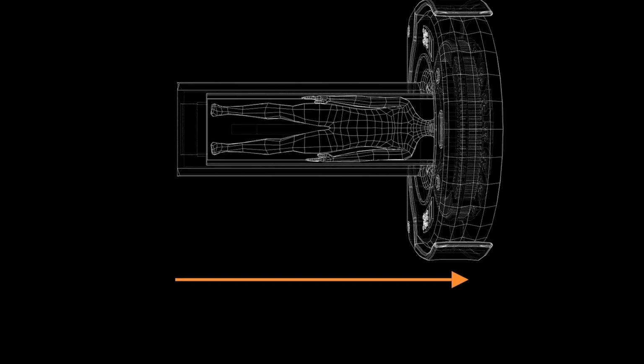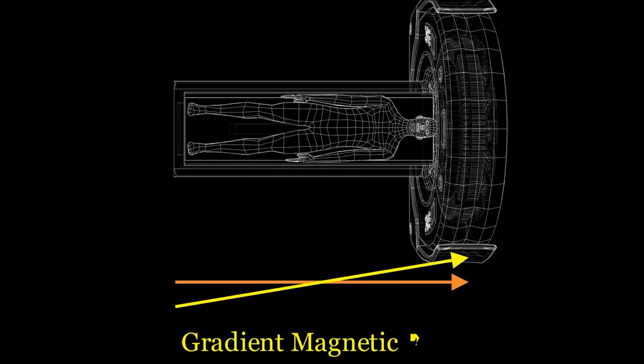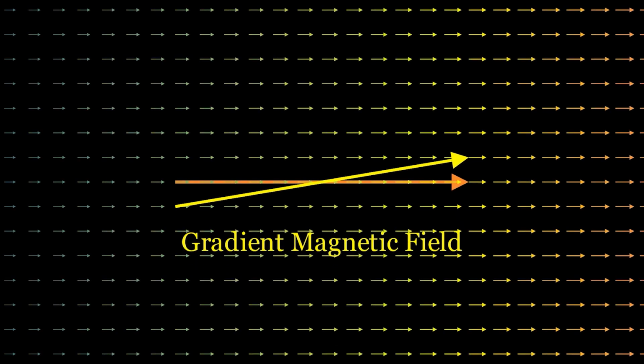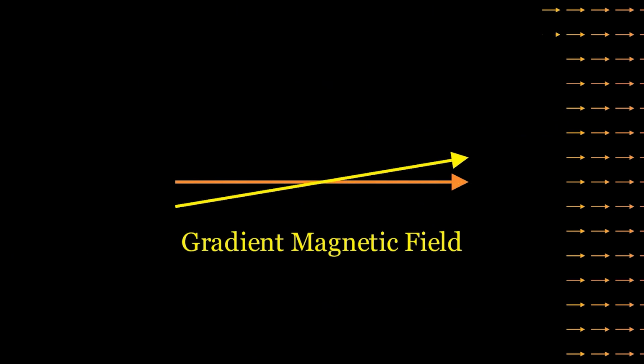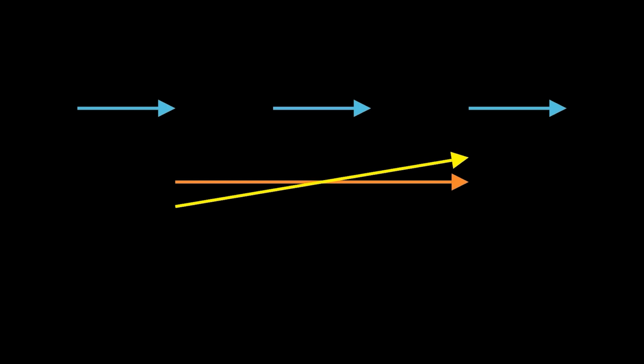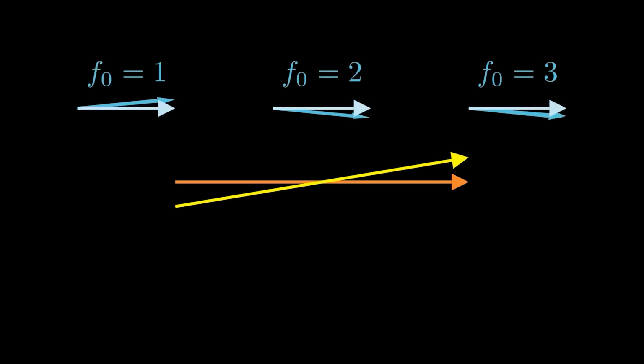We restart, not only with the addition of the main field B0, but also introducing a second gradient field, weaker at the beginning and stronger at the end. This allows for a variation in the resulting field, causing the precession frequency to change according to the hydrogen atom's position. In our example, atoms in the feet would have a much slower spin than those in the head, and atoms in the body's center would have an intermediate frequency.